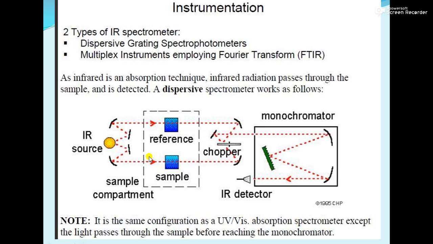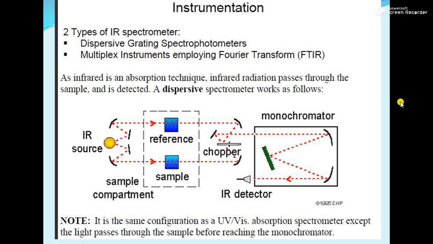So as infrared is an absorption technique, what happens? This infrared radiation passes through the sample and it is detected. In this way it is going to work. Now how is it different from UV visible? The configuration remains the same as in the UV visible absorption spectrophotometer except the light passes through the sample before reaching the monochromator.